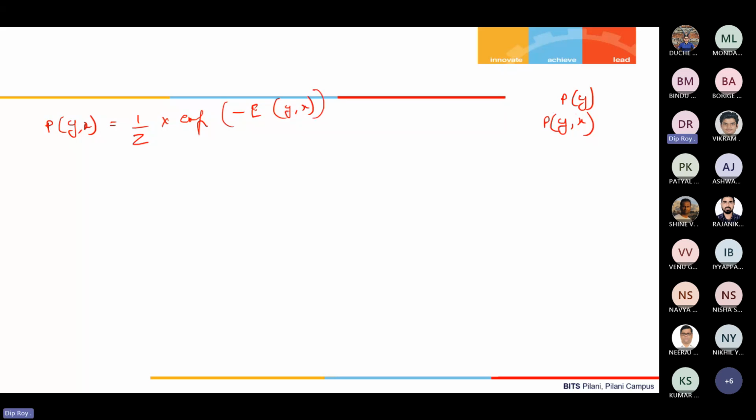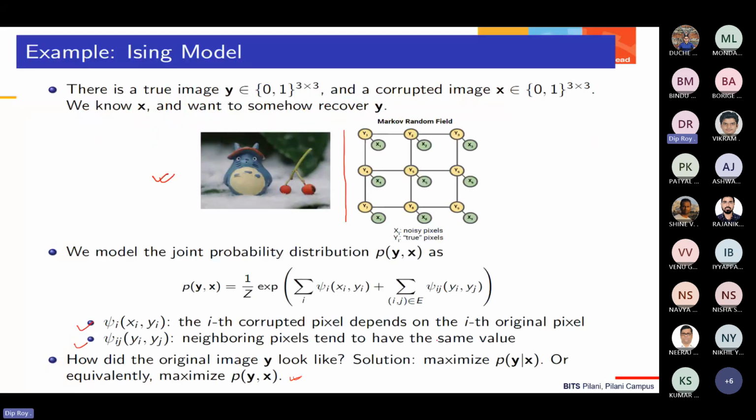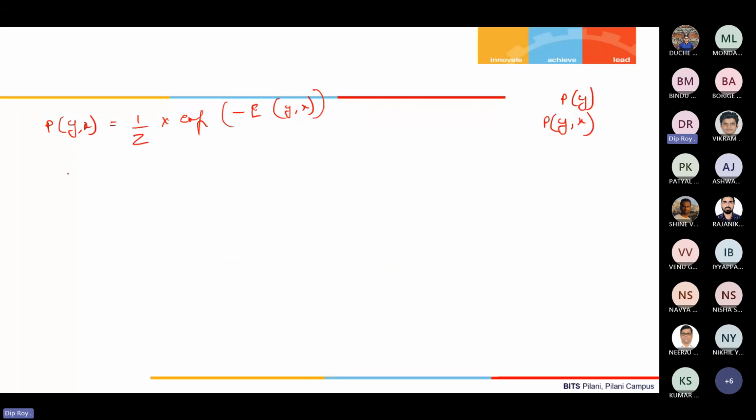And in the earlier slide, they said we want to maximize probability of Y given X. Now the question is why we want to maximize probability of Y given X. The reason is that maximizing probability of Y given X is the same as maximizing probability of Y and X. Why?